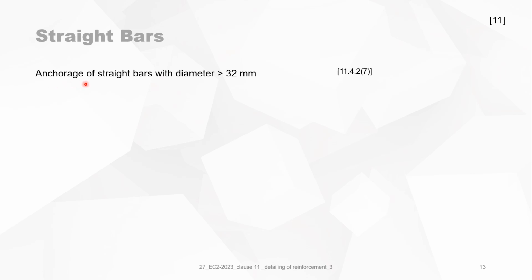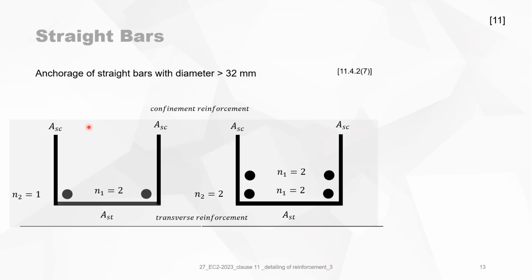Then at last we have the anchorage of straight bars with a diameter bigger than 32 millimeters. To be sure, don't use diameters bigger than 32 millimeters. Never, because it creates a lot of problems. But when you have an anchorage of straight bars with diameters bigger than 32 millimeters, then you have to add some confinement and transfer reinforcement.